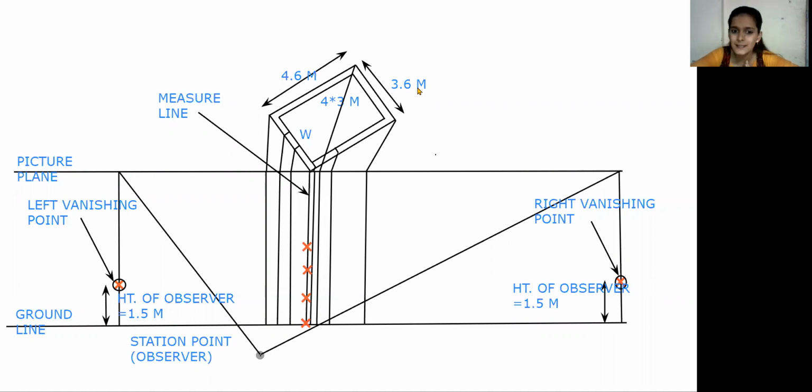Now it is so easy. Connect these 4 points to the left vanishing point as well as to the right vanishing point. Just simply draw the lines, all these 4 points.